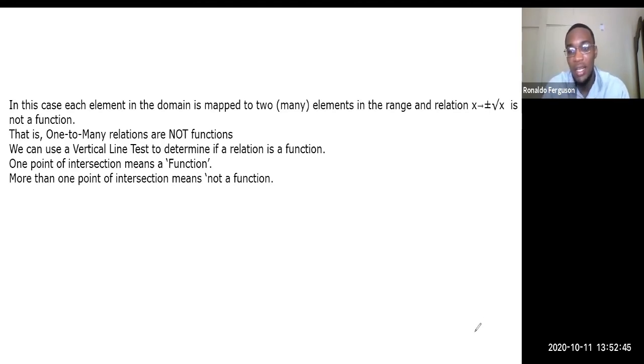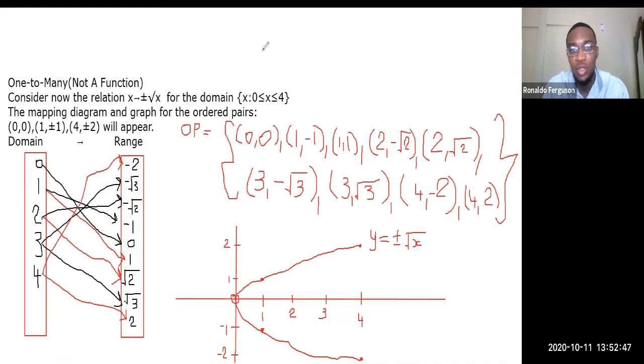All right, so let's go back to this example right here. What we're basically saying is if we draw a vertical line anywhere on the graph, we should only get one point of intersection. Right here, when I draw the vertical line, I am getting 2 points of intersection, which is more than one.